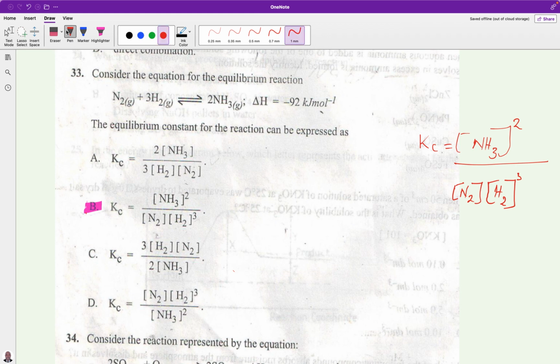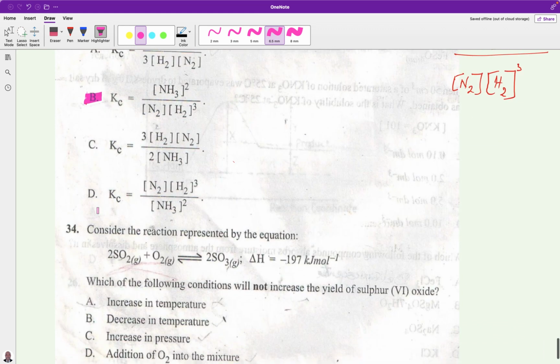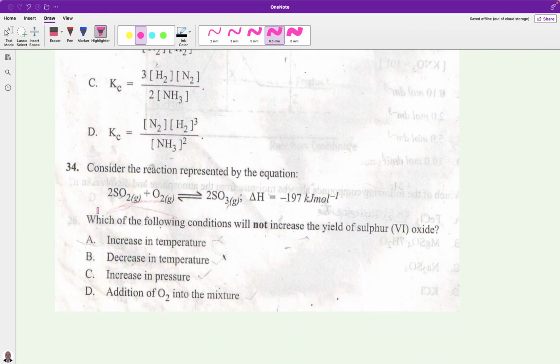Okay, for 33, we have our right answer. We say it is B. 34, which might be the last question. Consider the reaction represented by the equation. We have sulfur dioxide plus oxygen in equilibrium to give sulfur trioxide. They are all gaseous, and the enthalpy change is negative 197 kilojoule per mole.